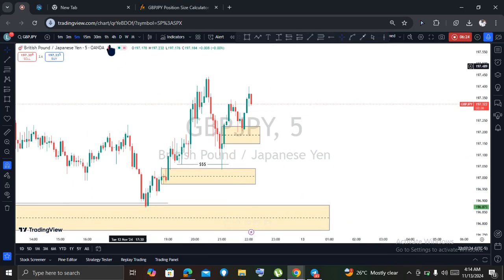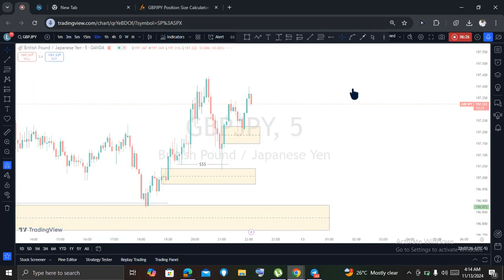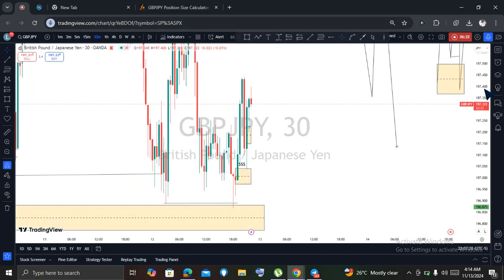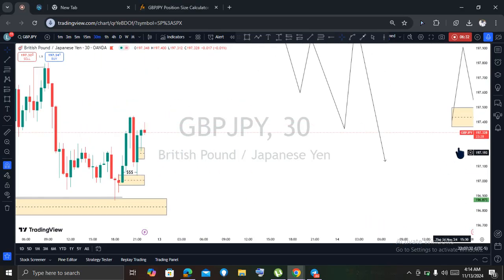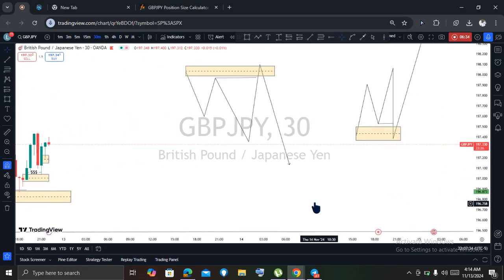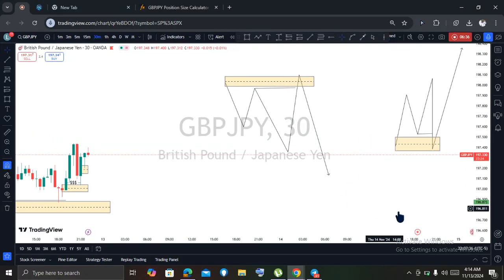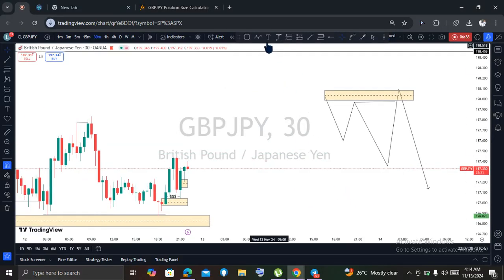Another scenario, just like what I drew here, right? When you have a confirmed trend, right? So right now there is a shift of market structure around this area.